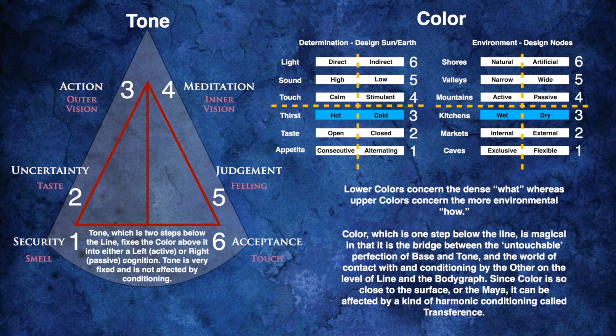The lower colors, in terms of environment, really have to do with the fundamentals of civilization itself. Caves, markets, kitchens. The foundation, the shelter, the options that are available, and mixing together all these different cultural elements, different kinds of architecture, all these different things, right? So lower colors have to do with really where.